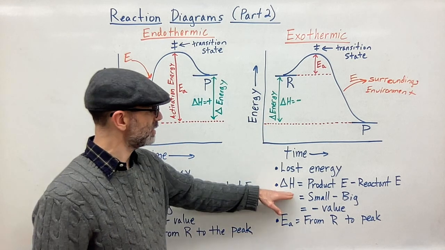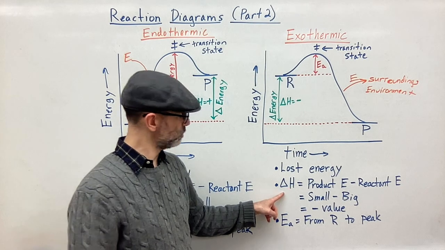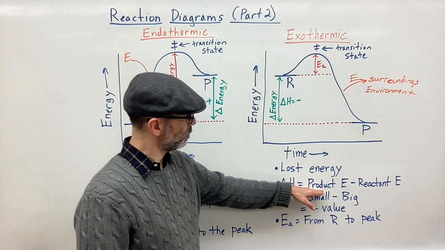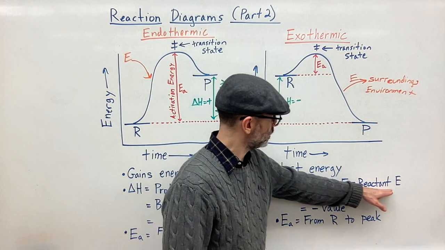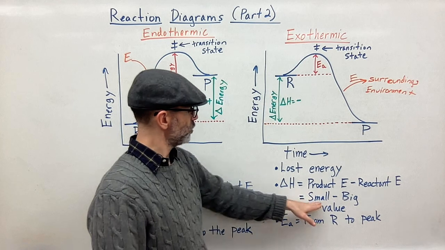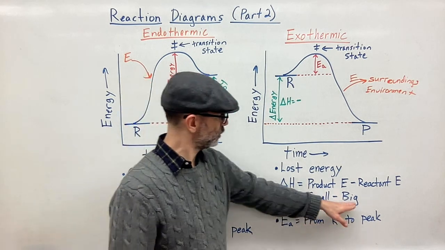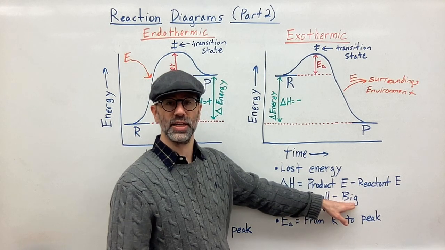And here again, delta H, the change in energy between your reactants and products, is equal to the product energy minus the reactant energy. Product final minus the initial. So here, the product energy is going to be small relative to the larger energy of the reactants.